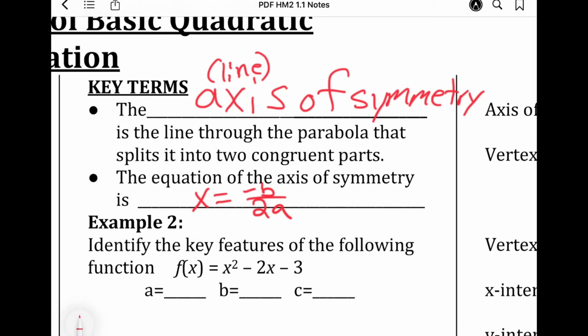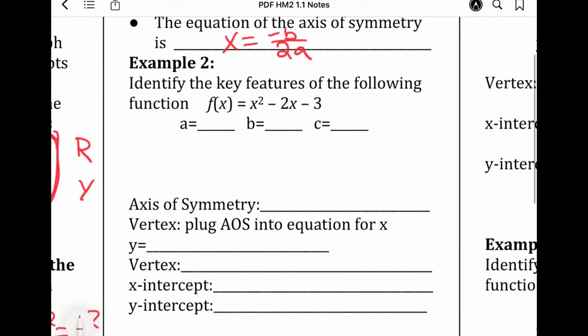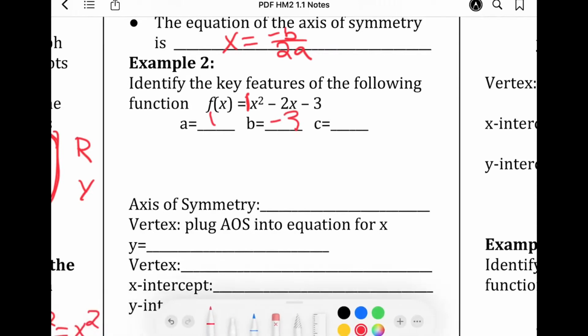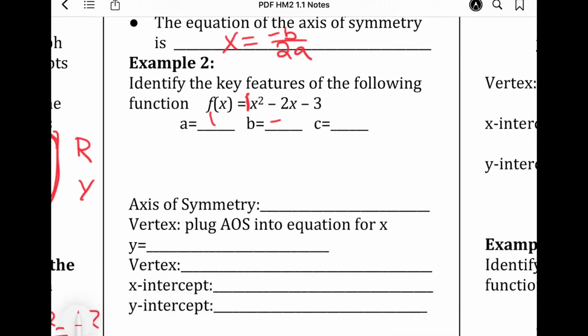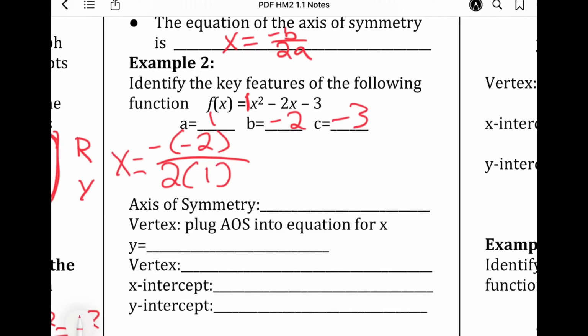So how in the world do we get this line? So we have our a, our b, and our c. We're going to find our line of symmetry by substituting in our b and our a. So we've got x equals negative, and then we're going to substitute in our b, over 2, substituting our a in, which is 1.